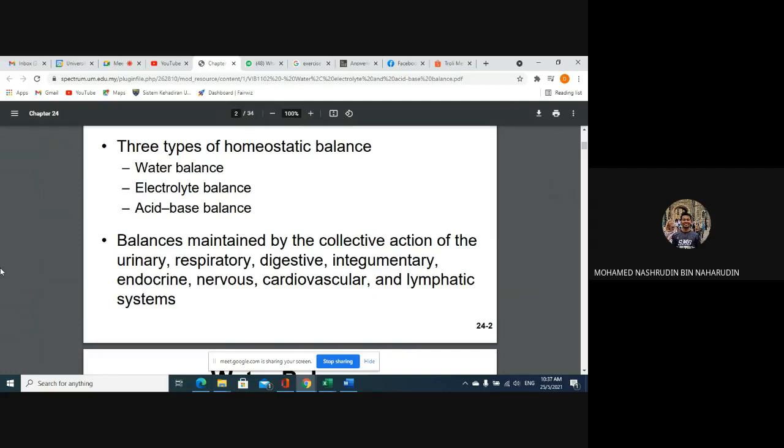These are three homeostatic balances in our body. Okay, water doesn't necessarily have electrolytes, and water itself doesn't necessarily have acid-base in it. So everything is incorporated with one another, but has to be balanced at the same time to achieve homeostasis.